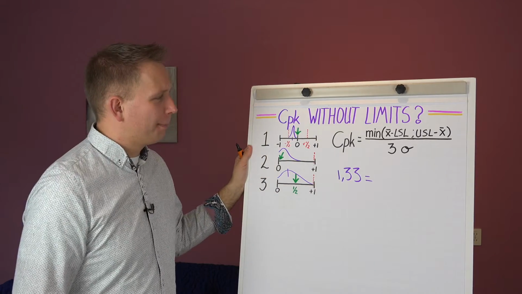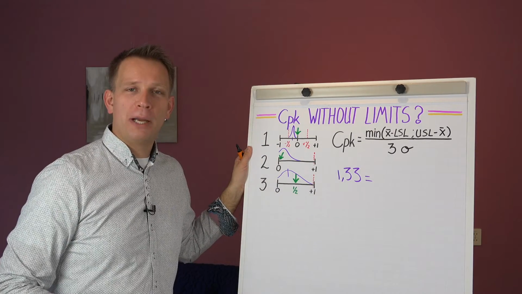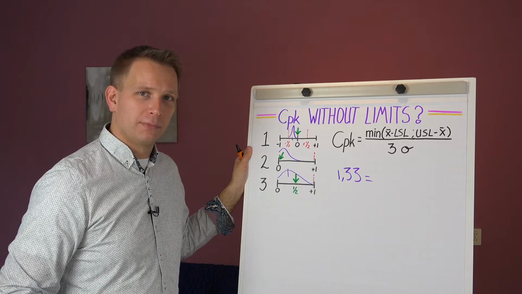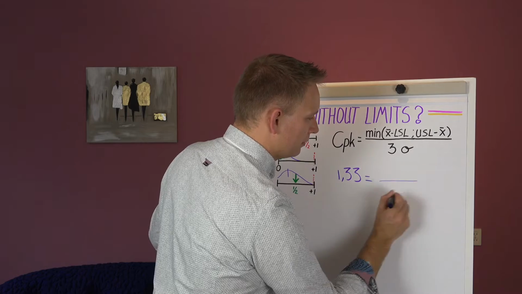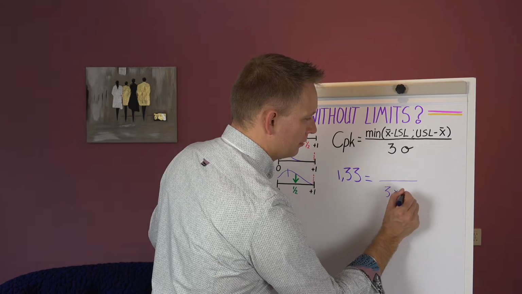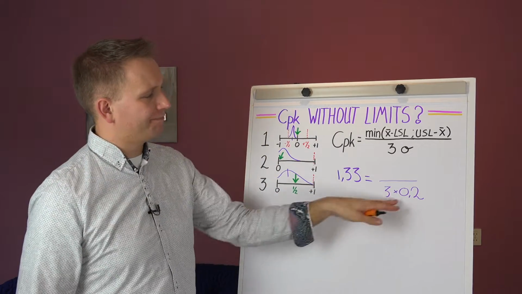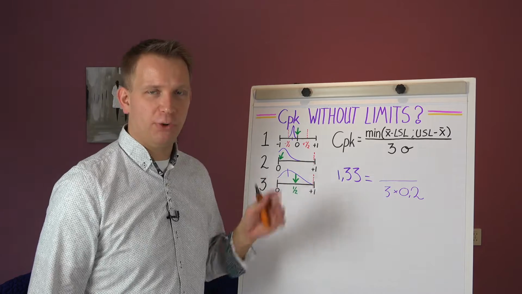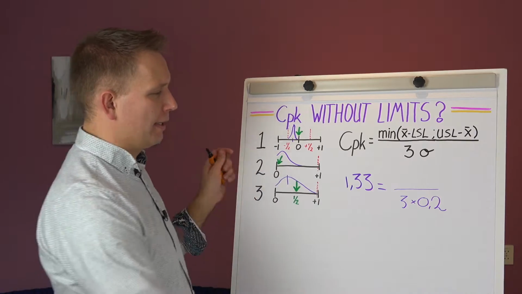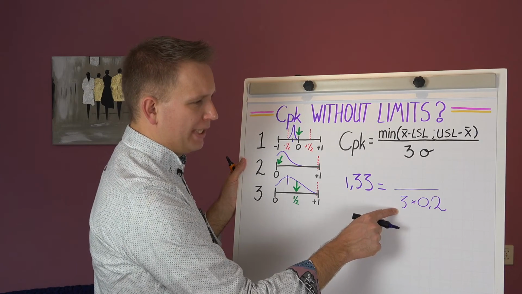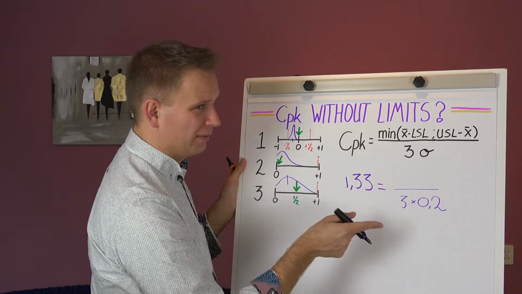Now I want to know the standard deviation of my process here. Right, so standard deviation. Let's say that we have a standard deviation of 0.2. How do we now get here? This is 0.6, and then we need to have that 4/3.